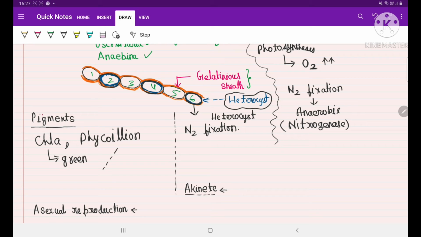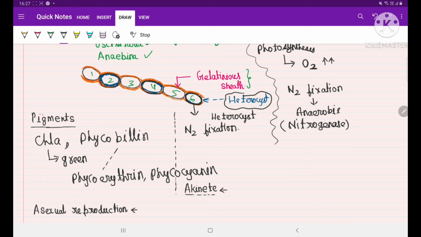Different kinds of phycobilin they have, not phycocholine, like phycoerythrin, phycocyanin, and allophycocyanin.